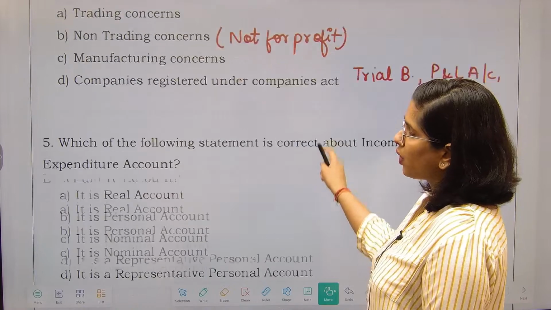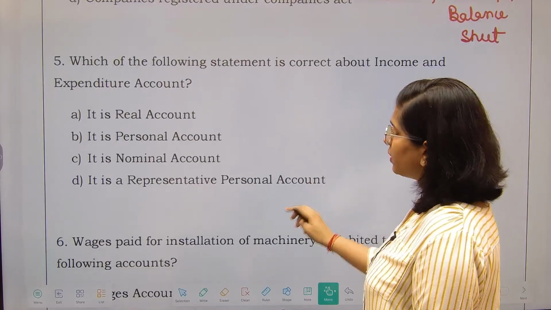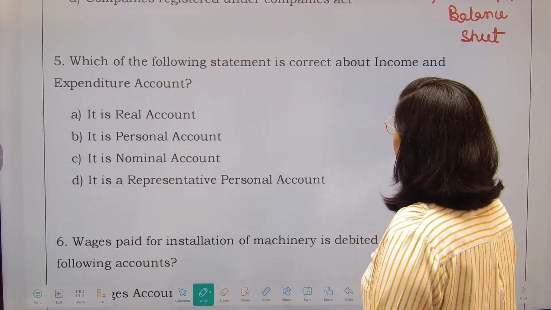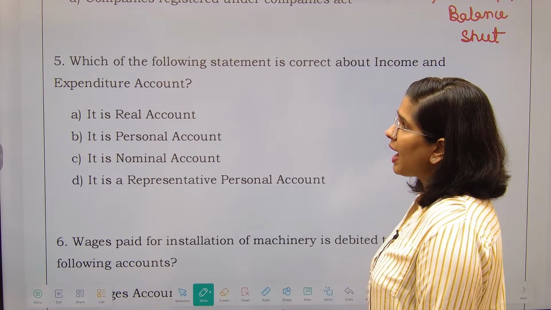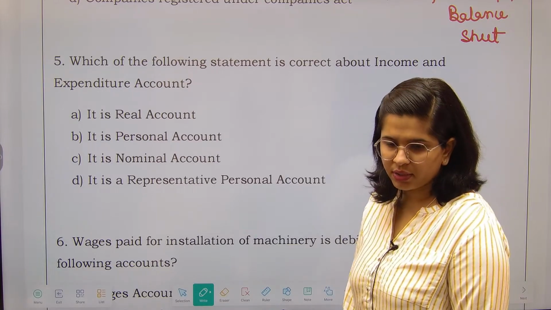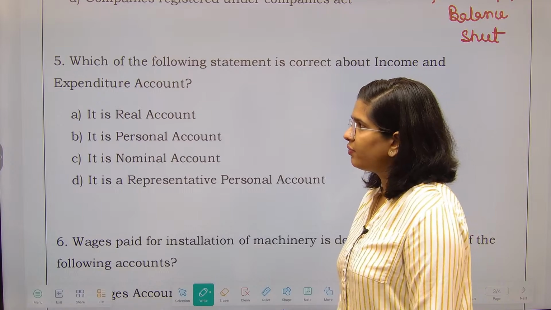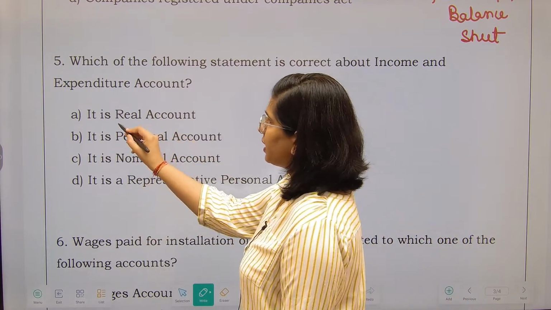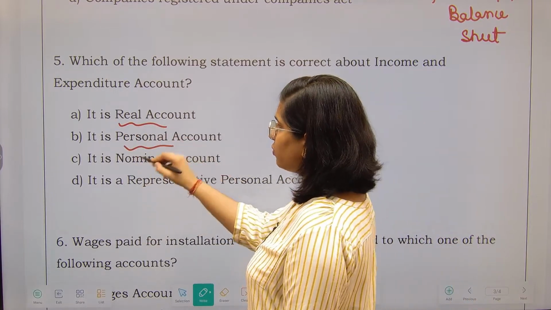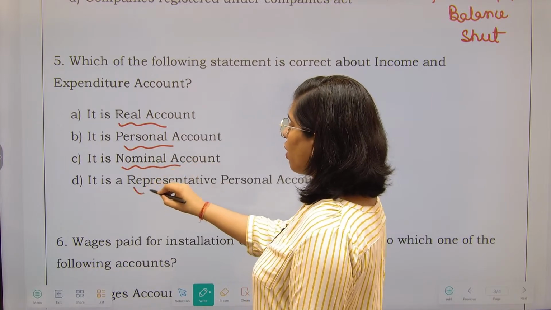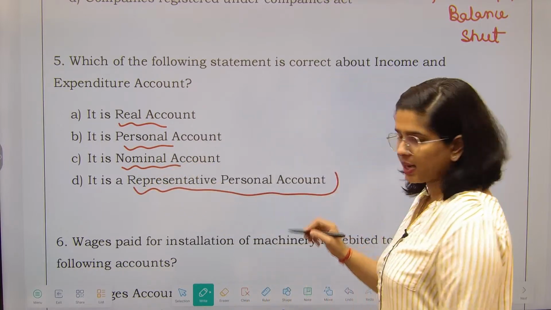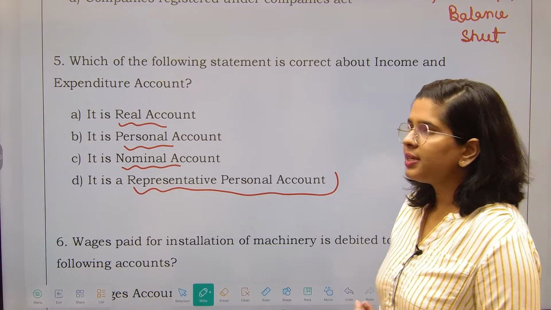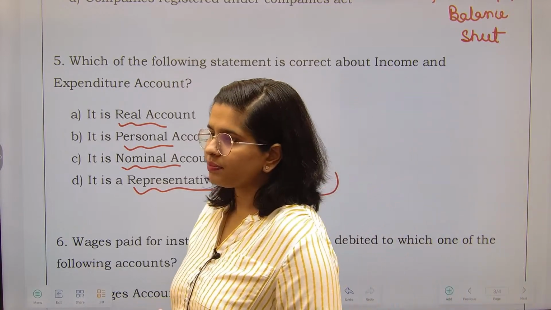Now the next question is, which one of the following statements is correct about the income and expenditure account? We have been provided with four options. It is a real account, personal account, nominal account, or representative personal account. Fine. So I'll tell the difference between these.